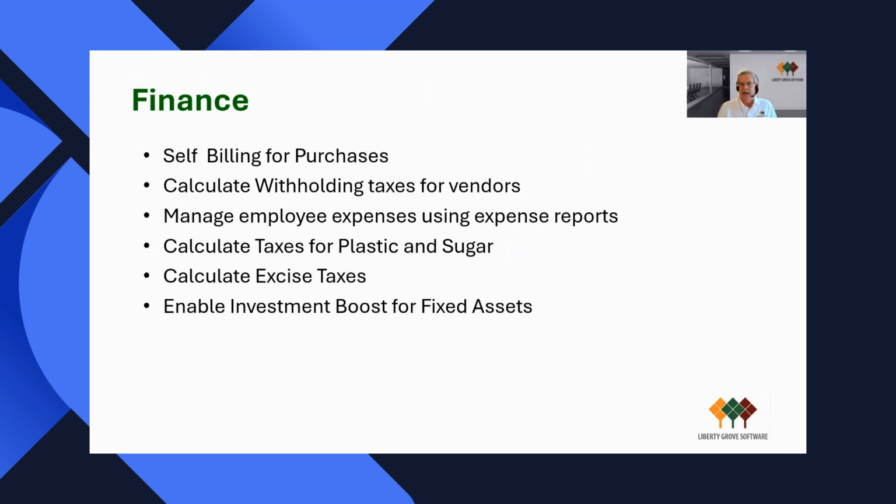We're going to look at the new features. They're going to be grouped into functional areas. So I'm starting out in the finance area, and I'm going to explain each of these as we go, and we'll dive into a couple of them a little bit later. So self-billing for purchases. Well, what does that mean?